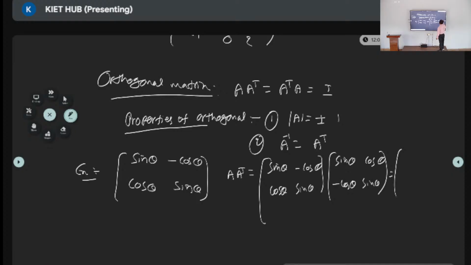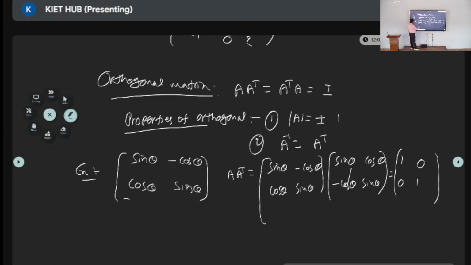Observe, multiply it. Sin square theta plus cos square theta is 1. Sin theta cos theta minus sin theta cos theta is 0, and cos square theta plus sin square theta is 1. So A into A transpose equals I.